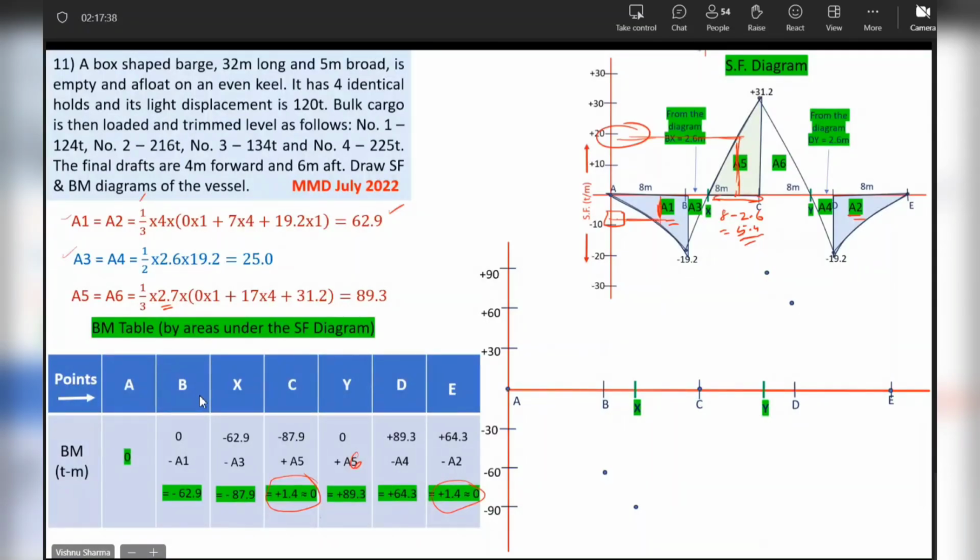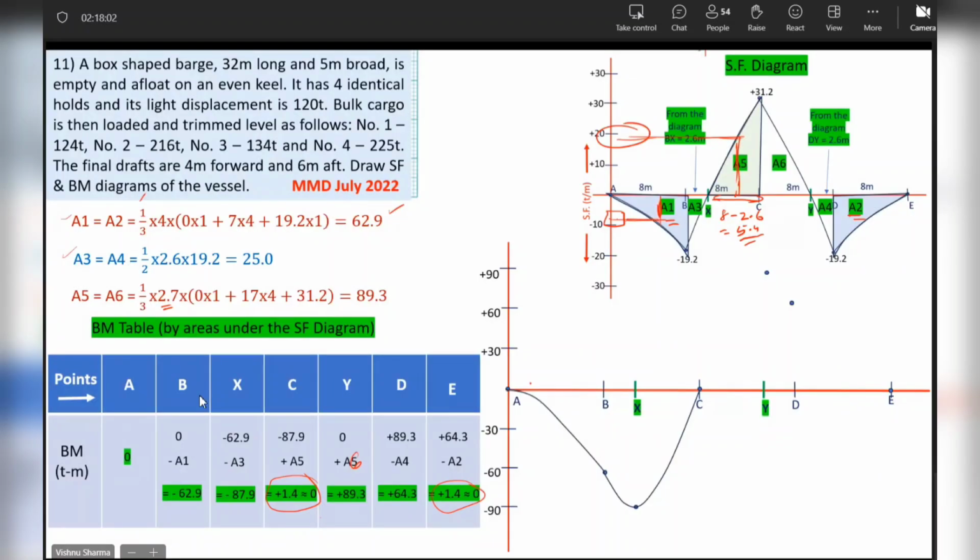And then we look at A to B. It is vertex to base, and next is base to vertex. So at X, it goes like this. Why?